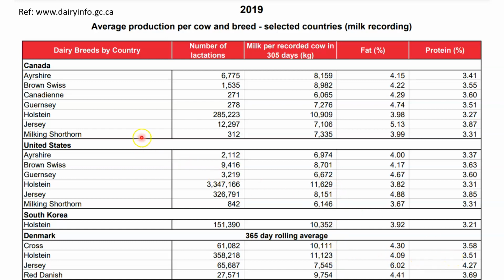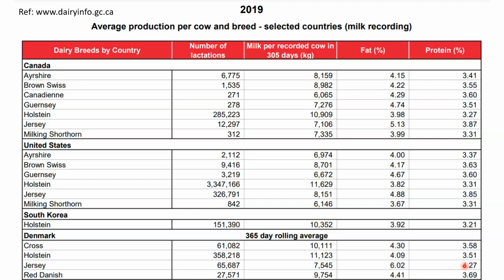Now let's look at Jerseys. Canada, 7,000, 5.17, 3.87. US, higher yield, slightly lower fat and protein. Denmark, 6% fat, 4.27% protein. So even higher than Canada.